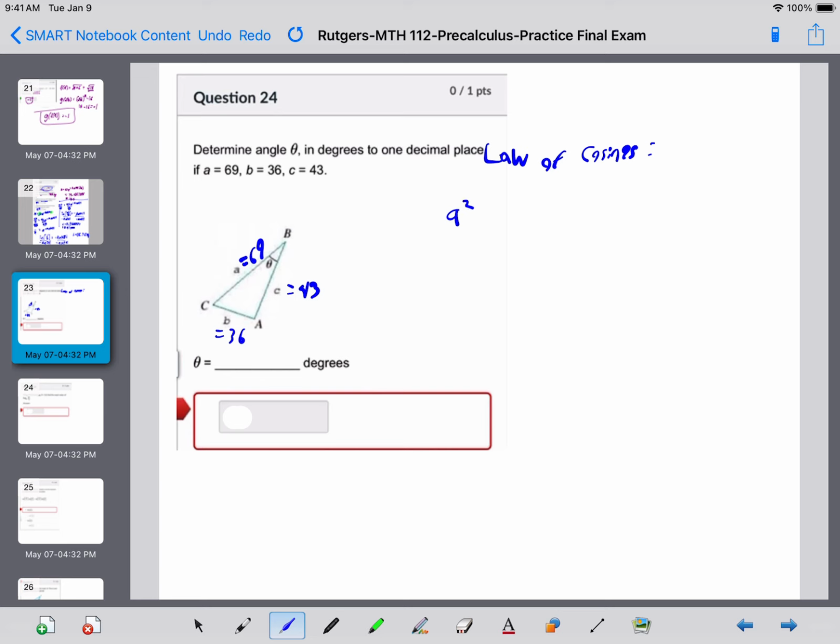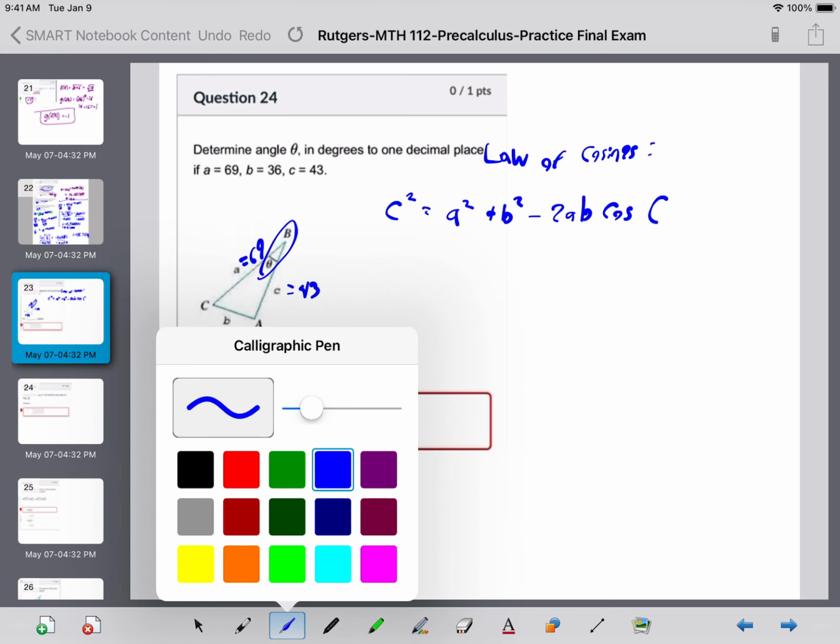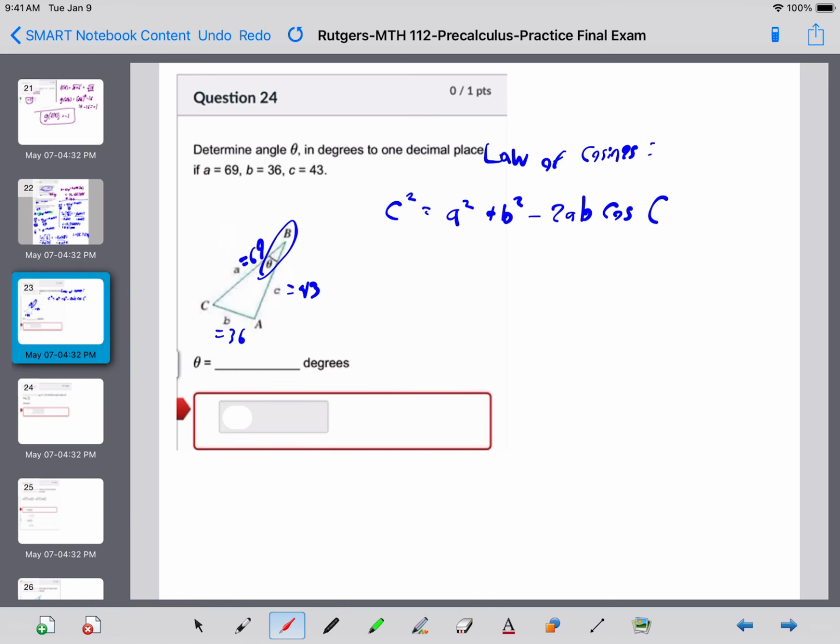So I have a squared plus b squared, minus 2ab cosine of c, equals c squared. We're trying to find theta, which is b, right? So adapt the formula. B squared equals a squared plus c squared minus 2ac cosine of b.